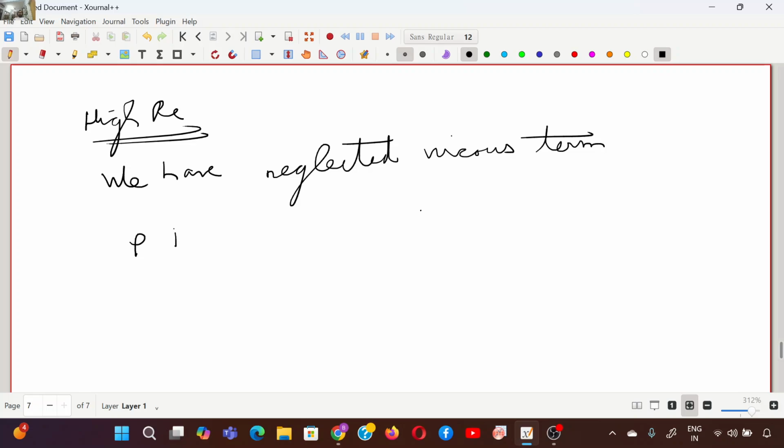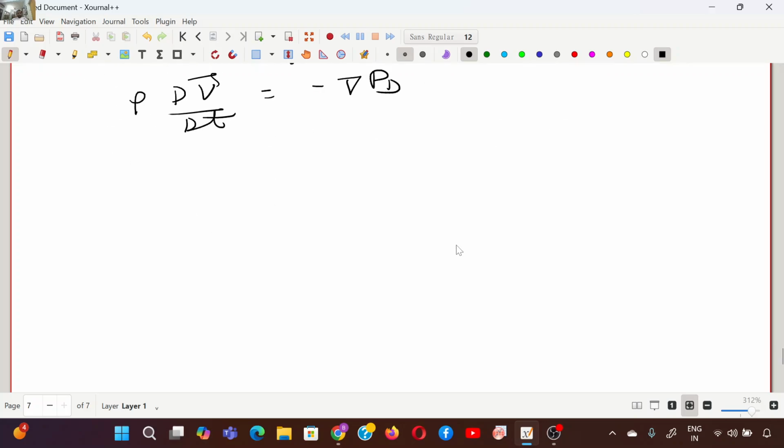Okay, so it's just rho dv by dt is equal to minus del P. So it's first order, so only one boundary condition.